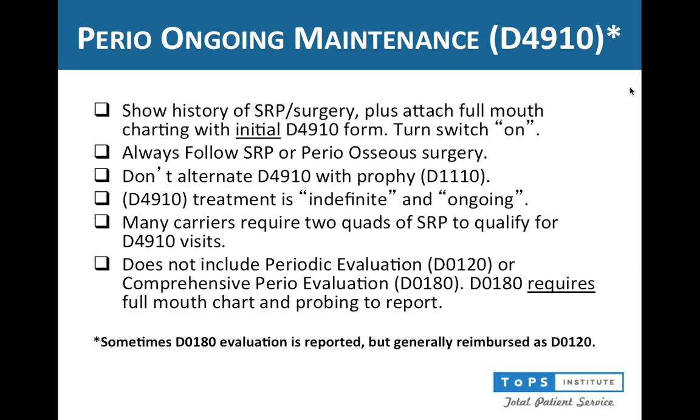Our periodontal ongoing maintenance appointments, the 4910, you know, it's really important, and often we've been told that patients can fluctuate between the 1110 and the 4910 in those 4 appointments during the year. And what we've learned is that once you take a patient off the 4910 and put them in a cycle of a 1110, before you can ever go back to coding out the 4910 again, you have to go through root planing and scaling process with that patient.